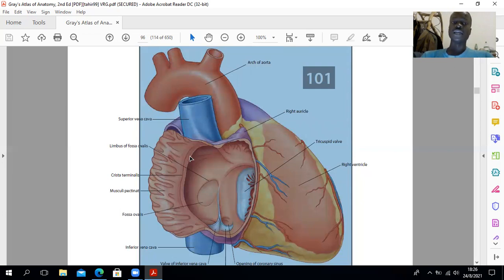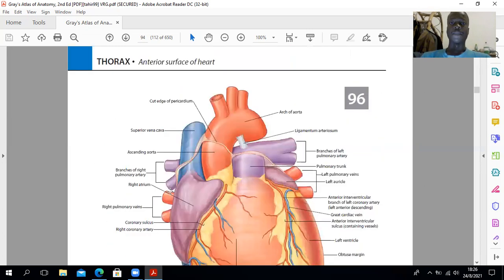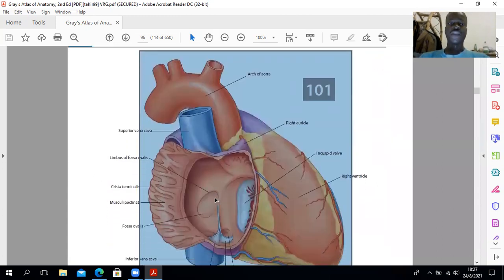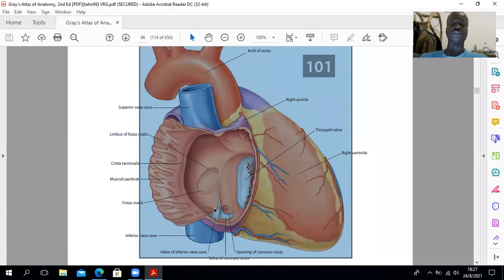Then if you look at the roughened part, which is this one, this will correspond to the auricular part that you're actually appreciating from this surface, which was our sternocostal surface. Right. Then the right atrium will also have openings for the inferior vena cava, which is this one.